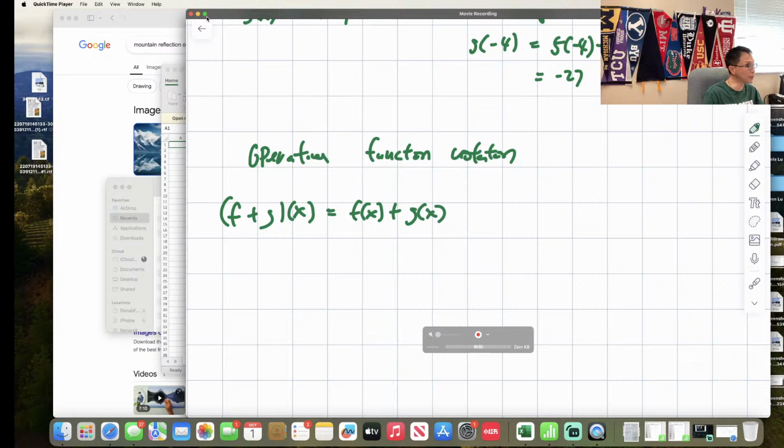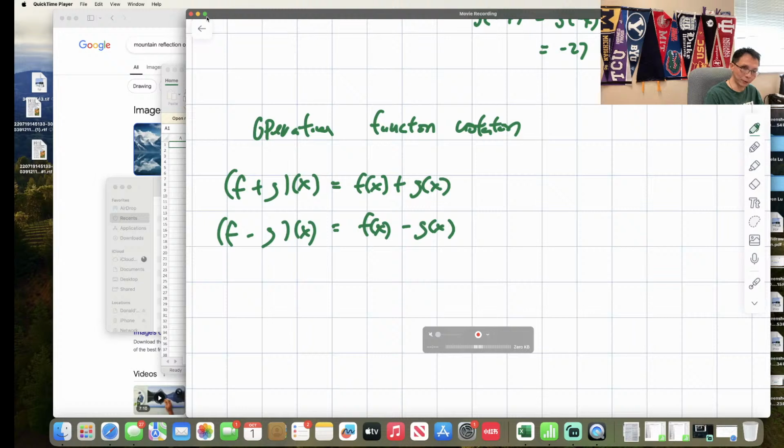This is called sum. And you have f minus g of x. That's going to be f of x minus g of x. Now you got to be careful. Make sure you distribute the negative sign.